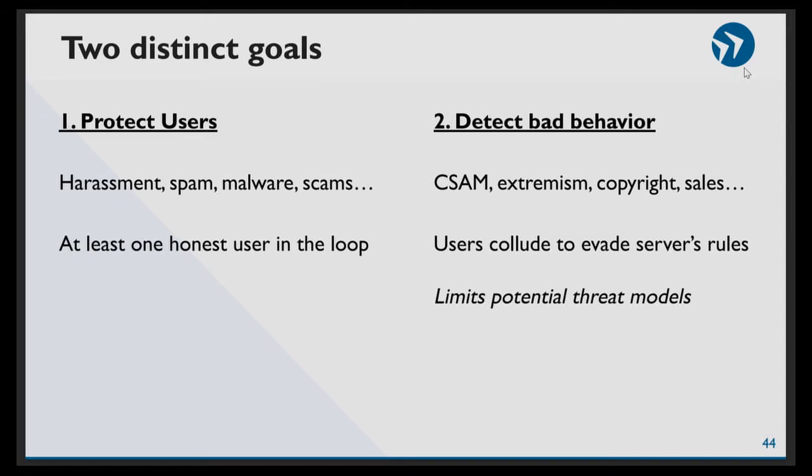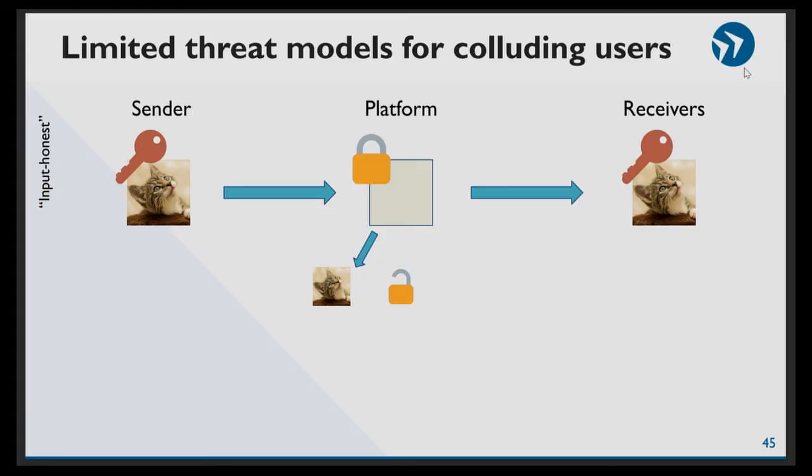First of all, because you don't have an honest user in the loop, this limits the potential threat models for your ability to detect them. So I'm going to show you what I think is the problem with perceptual hash matching on steroids. The real issue is that when you're detecting this second problem, this collusion, you're relying on the sender inputting their honest input.